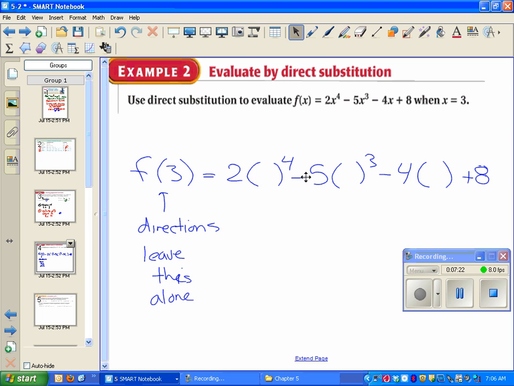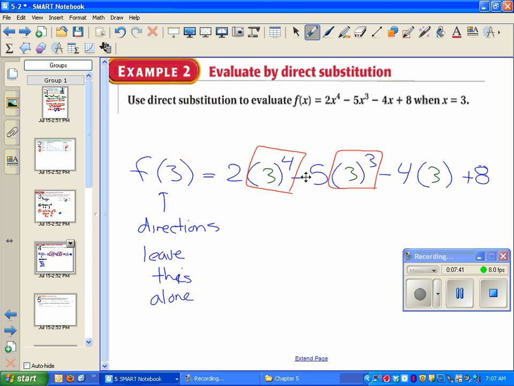Okay. So we're going to plug in 3. So please pause the video and see if you arrive at the answer, and then check back with me. Okay. Make sure you're using order of operations. So the first thing we're going to do is exponents before we multiply.